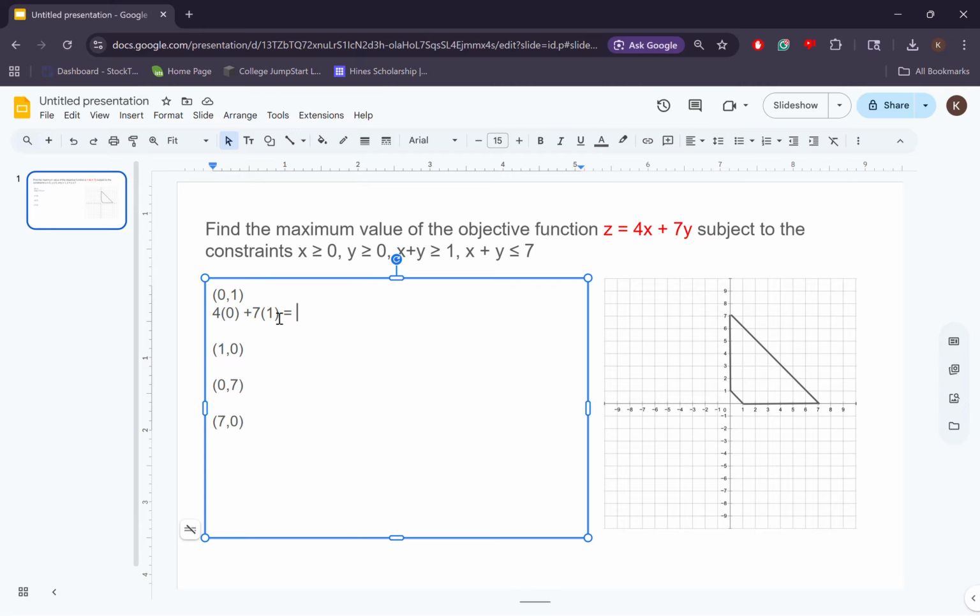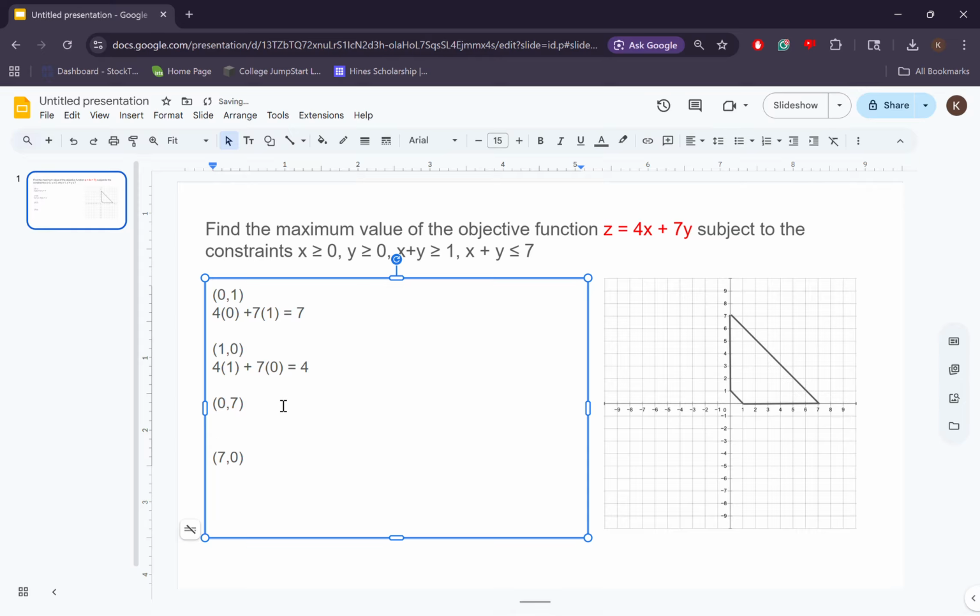So 7 plus 0 is simply going to equal 7. And this next one is going to be 4 times 1 plus 7 times 0. 4 times 1 is 4, and 7 times 0 is 0. So 4 plus 0 is going to equal 4.